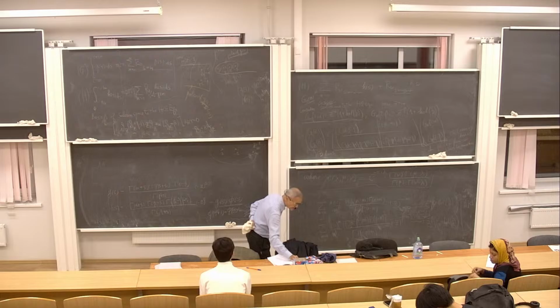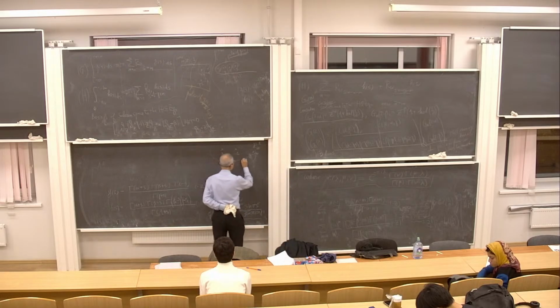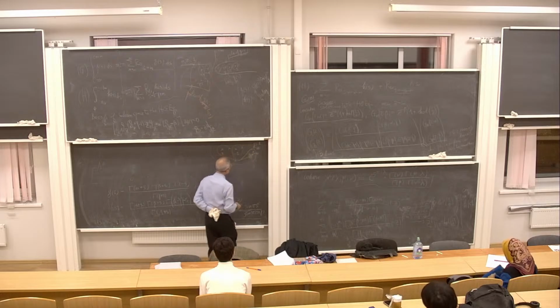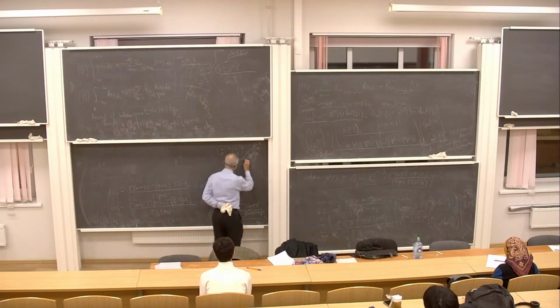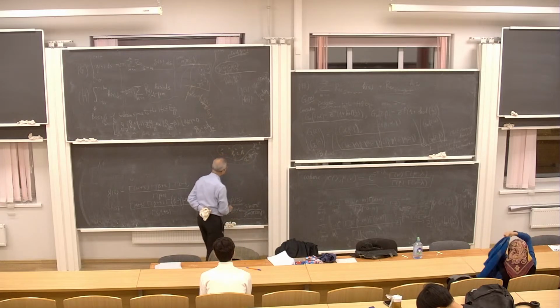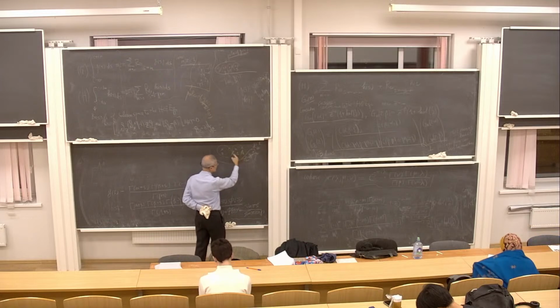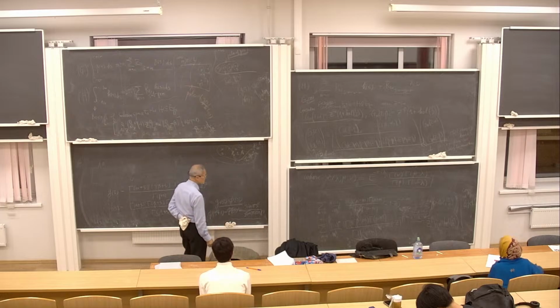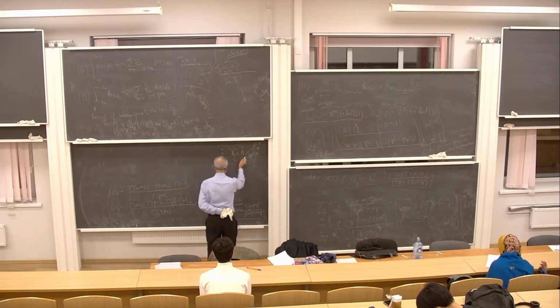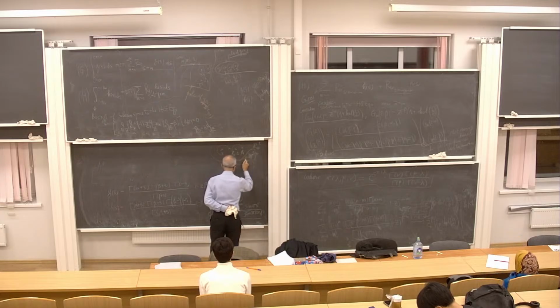So the monodromy representation is, by definition, analytic continuation of these along these three paths. But we said that the composition of three of them will give rise to an identity element in pi 1. So it is enough to consider this and this.